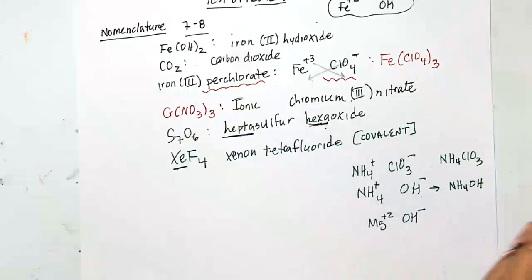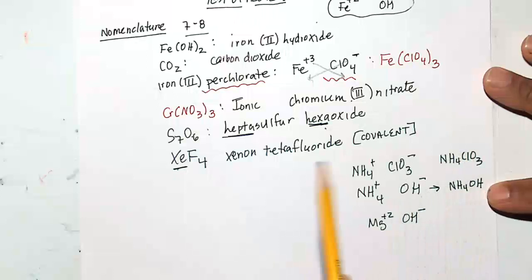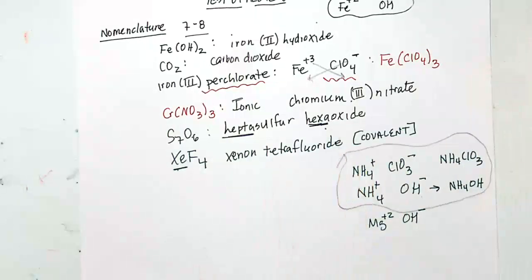Magnesium hydroxide, ammonium chlorate. All right, yeah. So these would be ionic, right? You see that? Like these two specifically? Okay, these would be considered ionic.